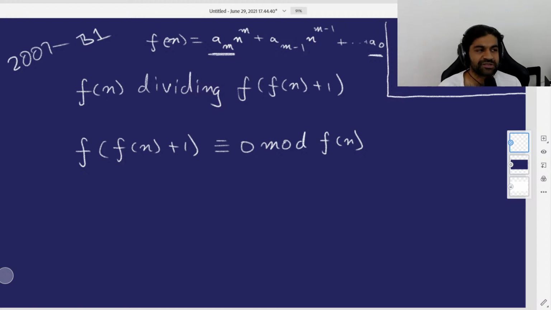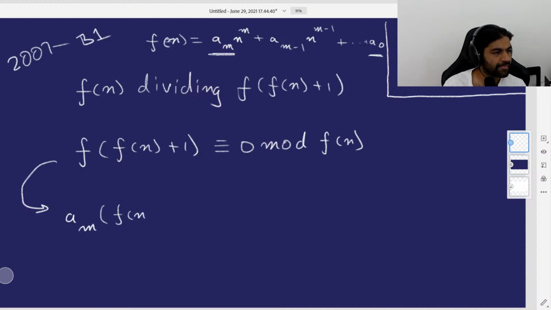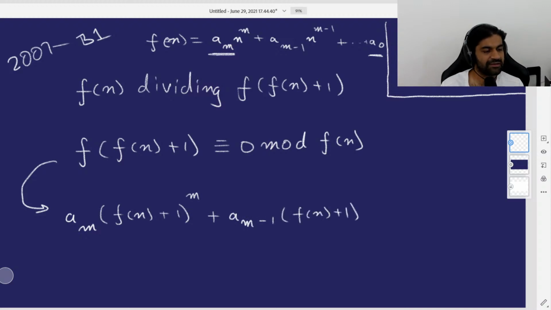If these are the coefficients of f, a_m through a_0, then this becomes a_m times (f of n plus 1) to the m plus a_(m-1) times (f of n plus 1) to the m minus 1 all the way down to a_0.